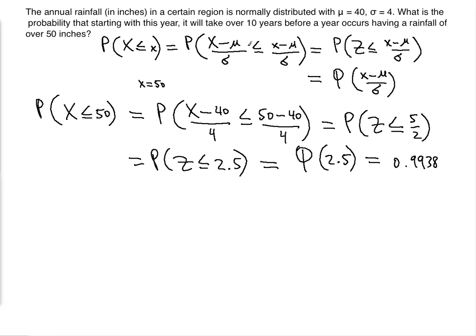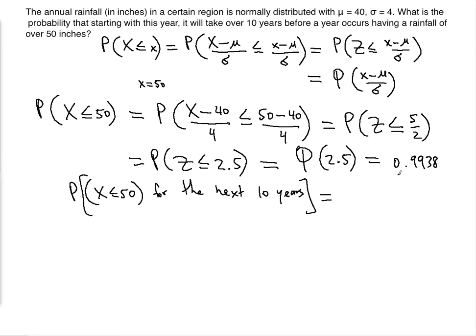So what about the next 10 years? Notice that each year is independent of the previous year. That means the probability of the random variable being less than or equal to 50 for the next 10 years is simply this probability multiplied by itself 10 times.